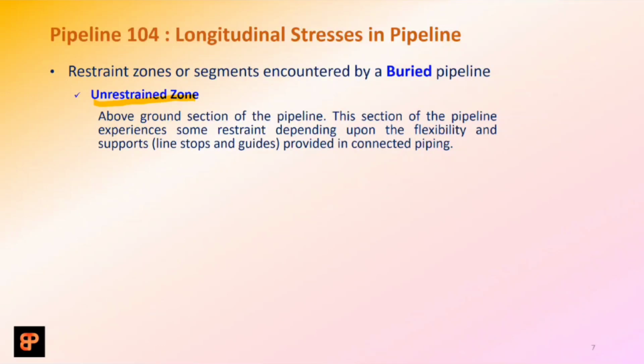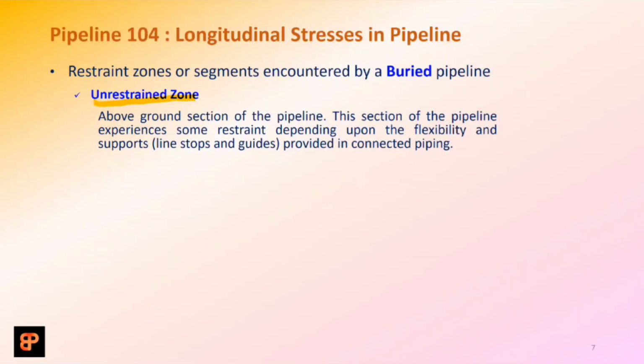The flexibility and such supports will determine the stresses acting in the above ground section of the pipeline, or unrestrained zone. There are no soil loads or soil resistance acting in this zone, but the resistance or stresses are induced by the configuration of the connected piping, the type of supports, and the distance at which these supports are provided.